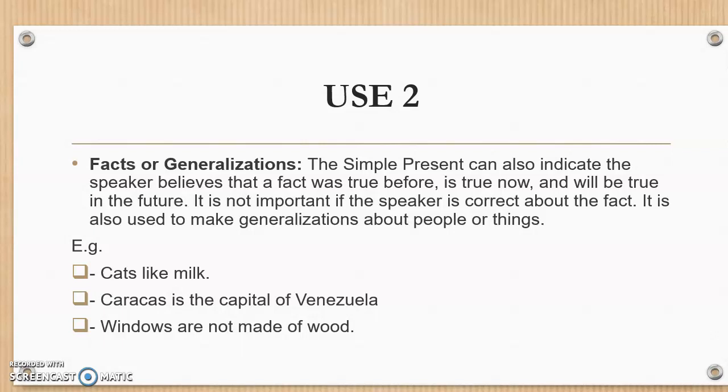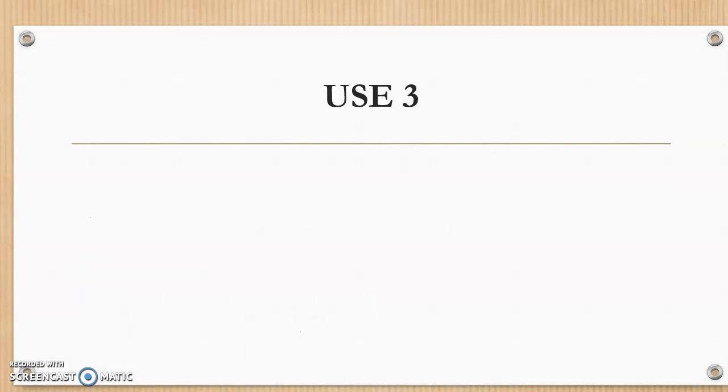If you want to say something in general, you can use the simple present. Or if you want to talk about a fact in the world, you have to use the simple present. Okay, that's the second use of the simple present.